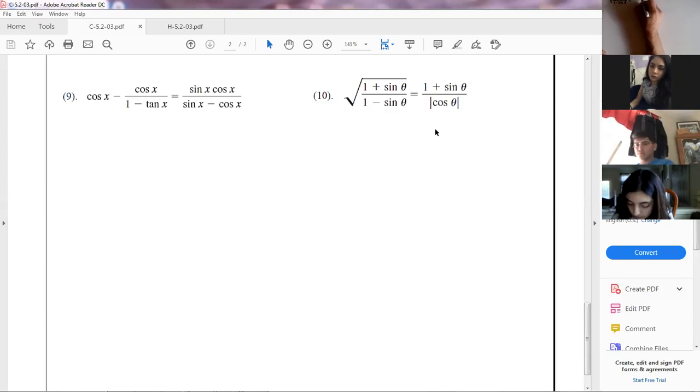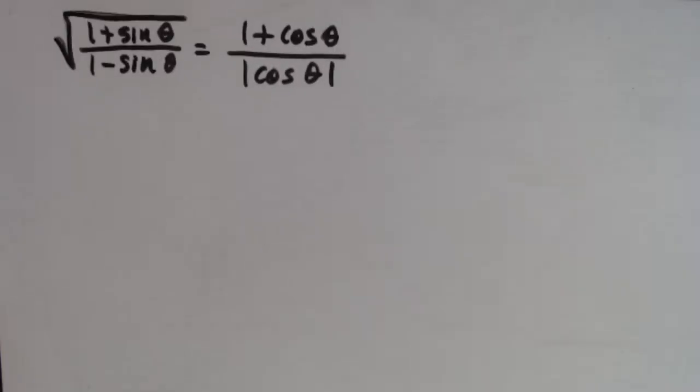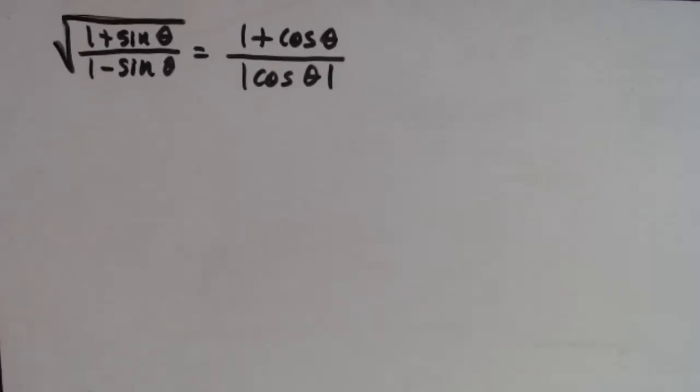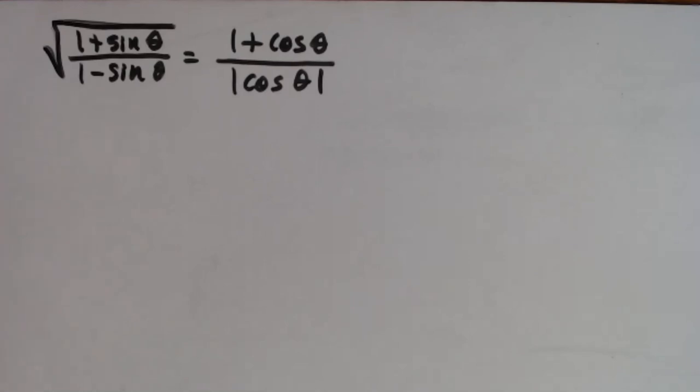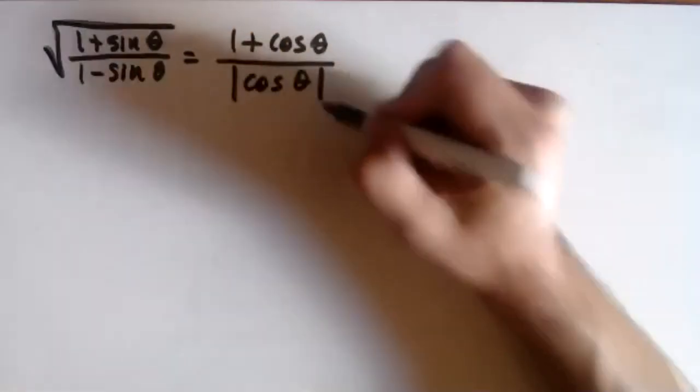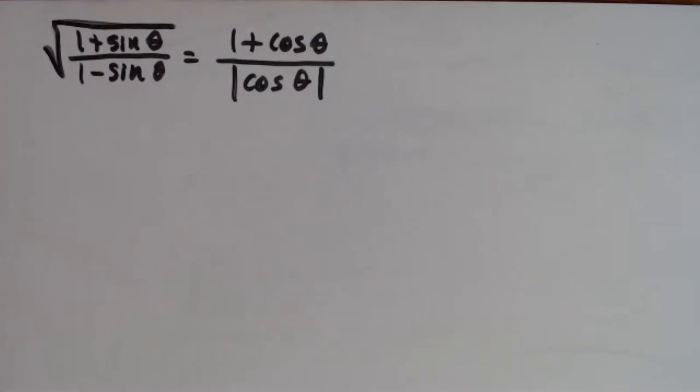Equals 1 plus cosine theta over absolute value of cosine theta. Okay. Well, this looks terrible, right? You have square roots, you have fractions, you have absolute values, all your nightmares together, right?